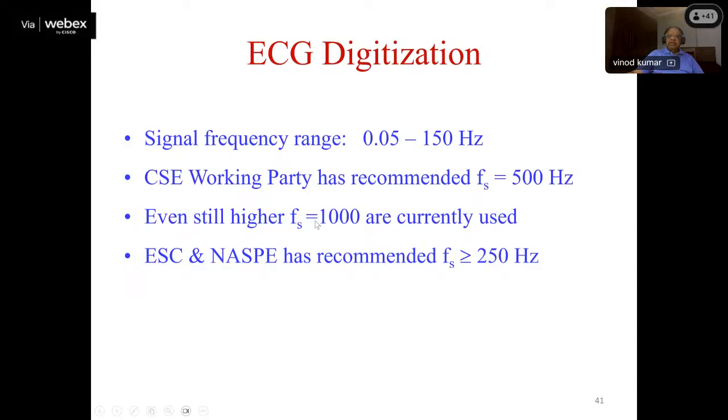Now when memory is easily available and processing speed is high, we collect more samples with a sampling frequency of 1000 hertz, so resolution becomes high. Different regulatory bodies or people studying ECG have recommended different sampling frequencies, but it is recommended that the minimum should be 250.